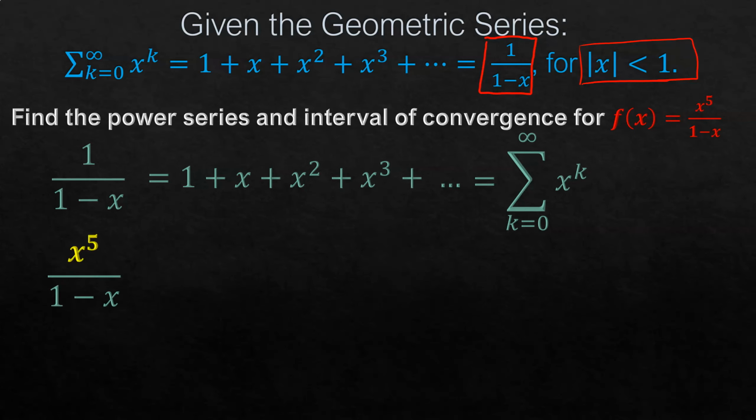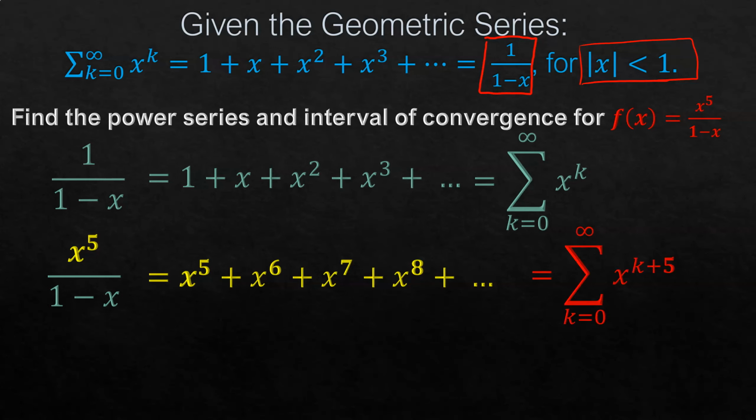The function that we have here is x to the fifth over 1 minus x. Well, you got the 1 minus x right. So to relate that to our geometric series, we are just going to have to multiply both sides by x to the fifth, which will give you x to the fifth plus x to the sixth and so on. So this can be written as the power series of x to the k plus 5 power.